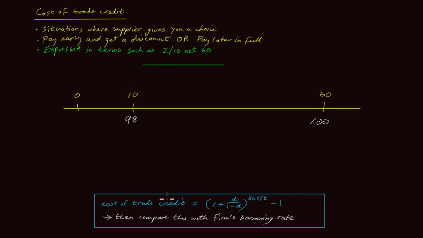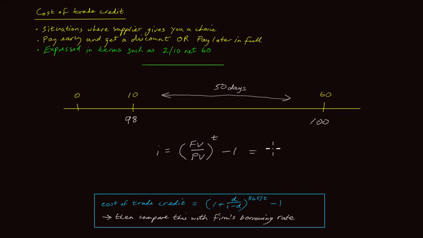And what we have now, given that the period between these two amounts is 50 days, calculated as 60 minus 10, we need to establish the discount rate that links 100 Rand 50 days from today to a present value of 98. And that discount rate is calculated using the standard TVM equation, which links a future value with the present value given a time period.